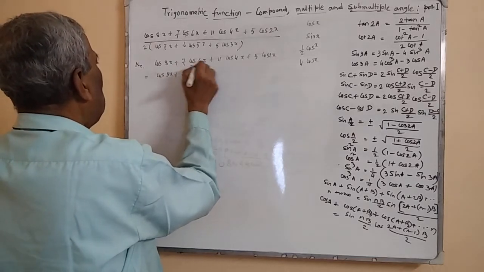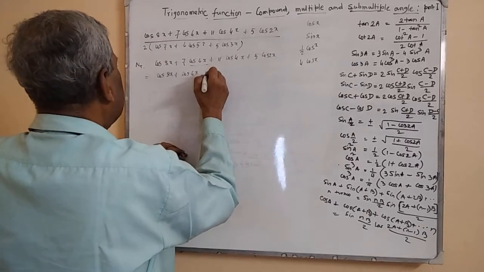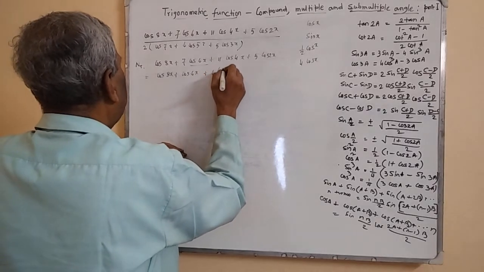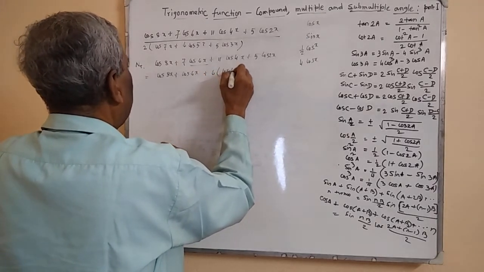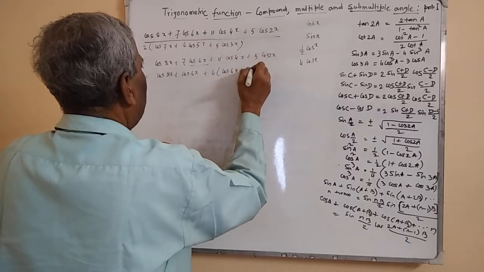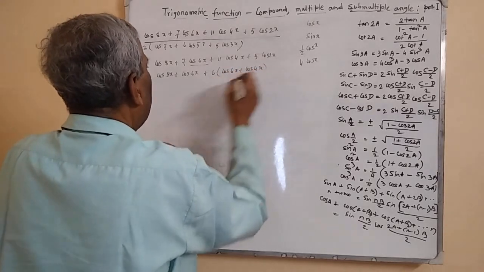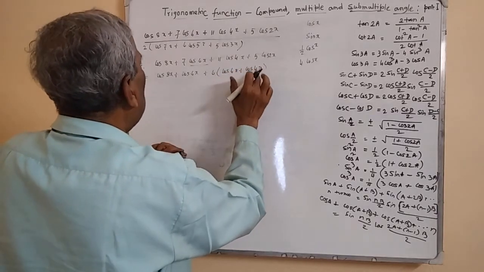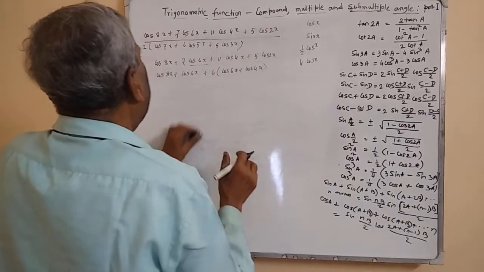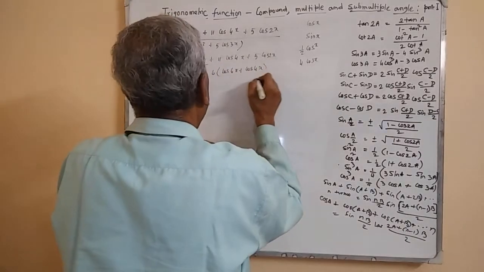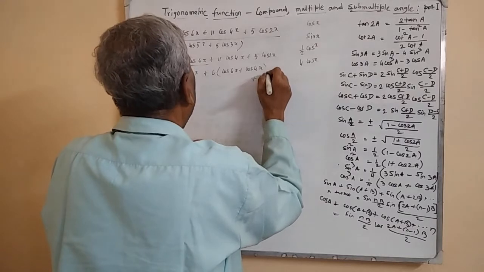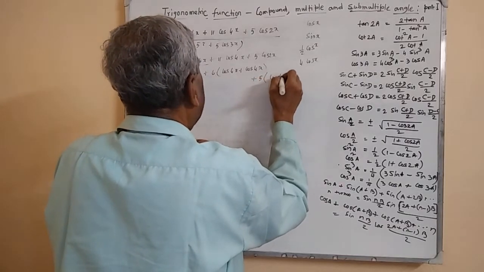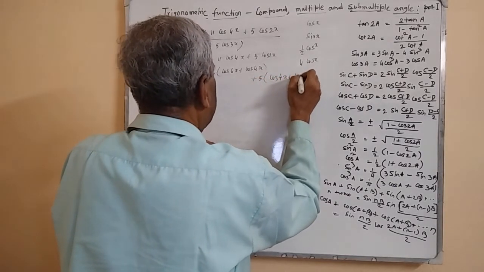I have taken 1 cos 6x from there, 6 left. I have taken 6 cos 4x, so another 5 is left. So plus 5 of (cos 4x + cos 2x).